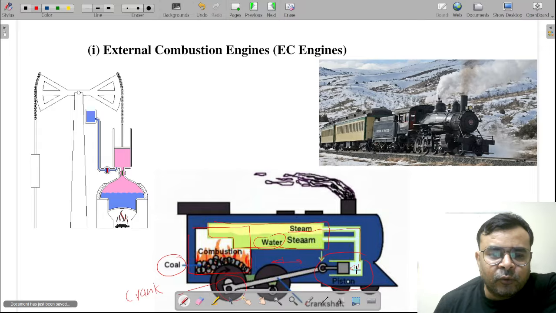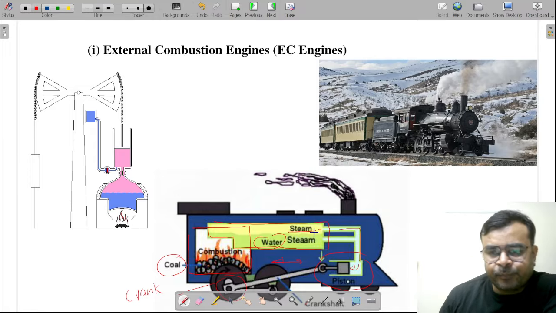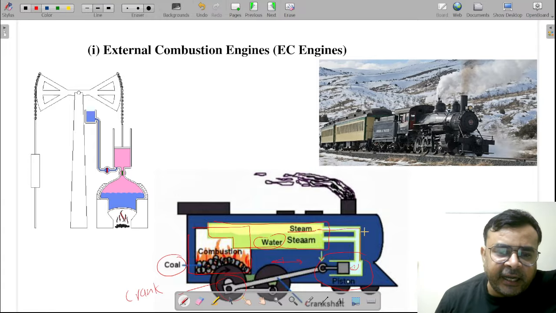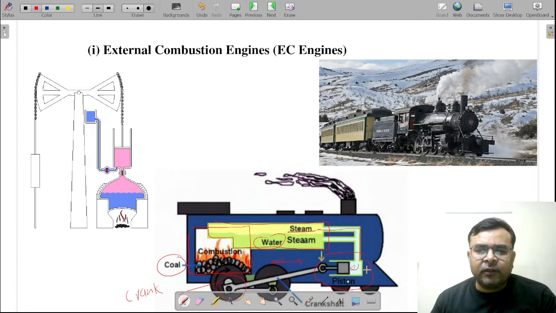Okay, so due to the steam pressure, obviously this steam is present at a high pressure, and when you pass this high pressure steam into the cylinder, the steam gets expanded, and because of this expansion of the gas, this piston can reciprocate along this direction.